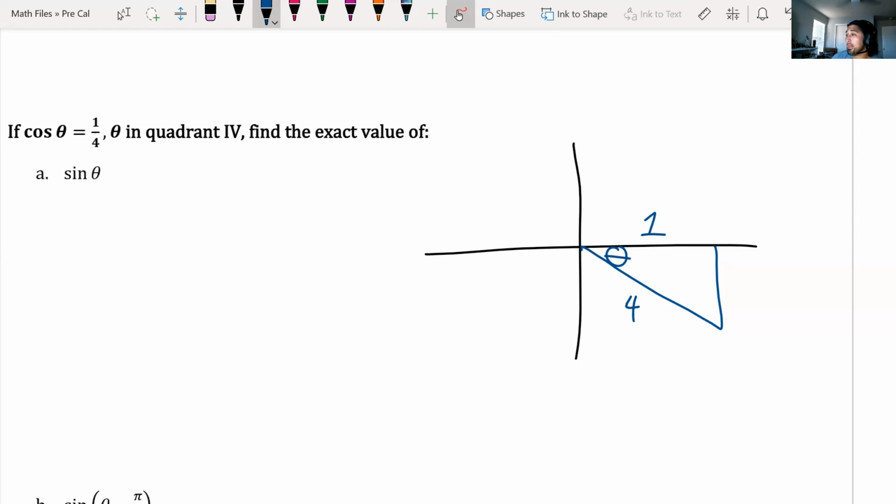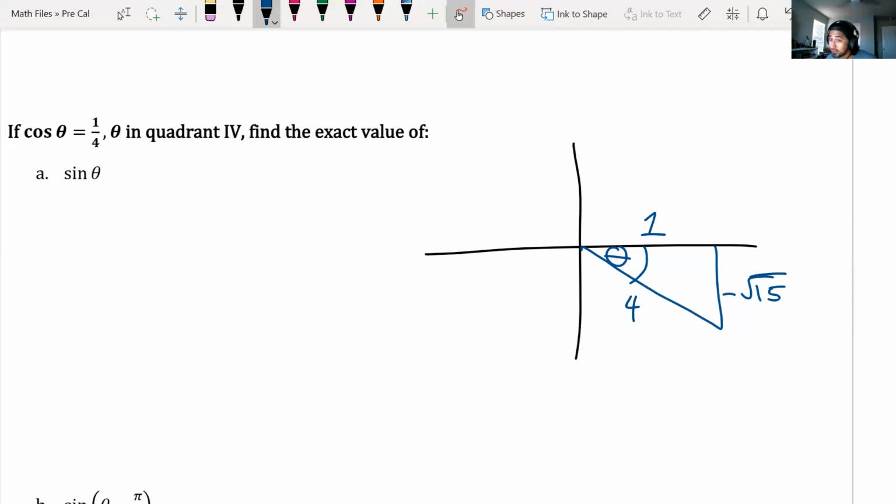And then do the Pythagorean theorem. It should be negative, right? Yes, it will be negative, but the height will be what? 16 minus 1. So do you get the negative square root of 15? Yep. All right, cool.